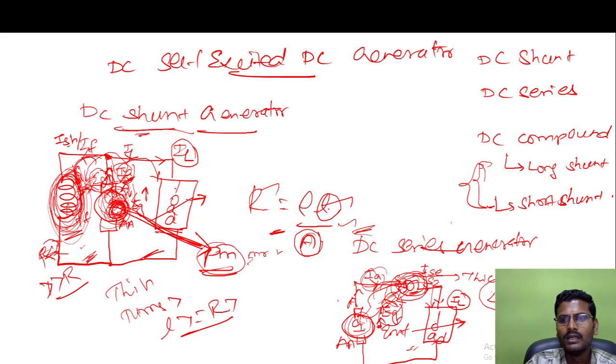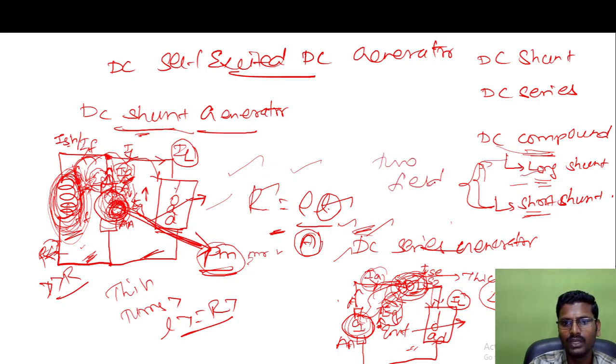The long shunt and short shunt connections are somewhat different compared to the DC series and DC shunt generators. The DC compound generator is a combination of DC shunt and DC series, so it will have two field windings.